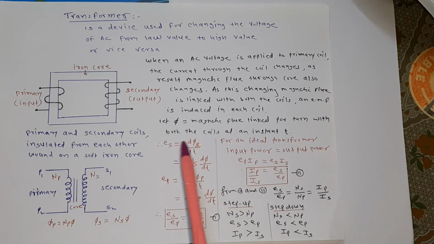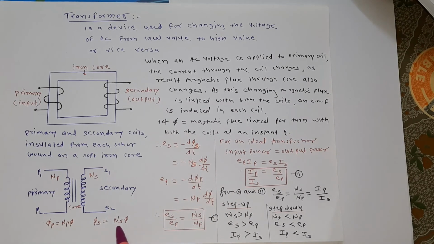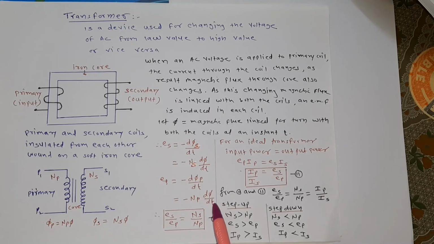EMF in the secondary is d phi by dt as per our formula. The secondary flux is Ns phi, Ns we take directly outside, so Es equals Ns d phi by dt. In the same manner, EMF induced in the primary, Ep equals d of flux by dt, that is Np phi in the primary, this Np we take outside, Np d phi by dt.